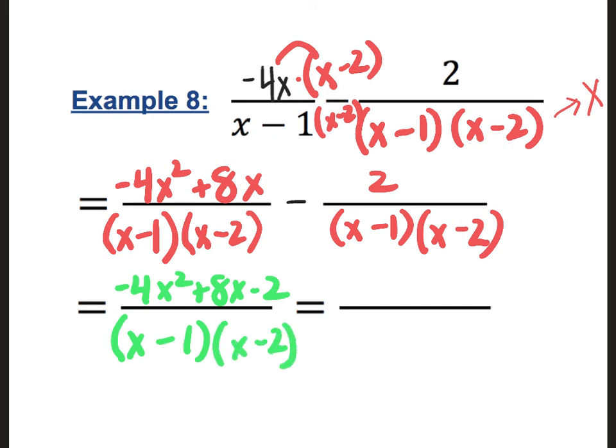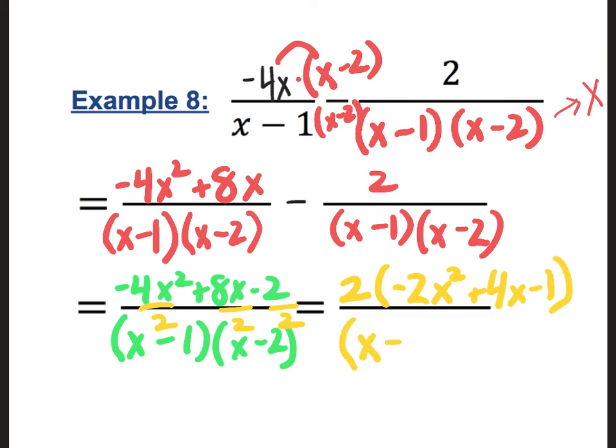Now, the first thing I notice about the top is that I can divide each of those by 2, so I'm going to put a 2 out front, and we'll divide them all by 2. When I do that, we're going to get negative 2x squared plus 4x minus 1, and then we're going to have x minus 1 times x minus 2.